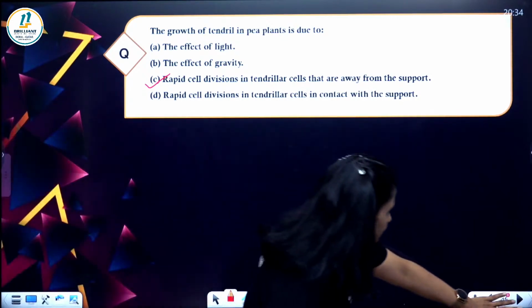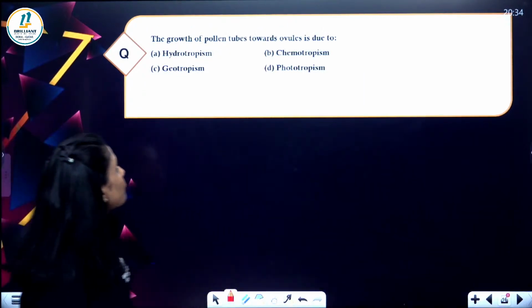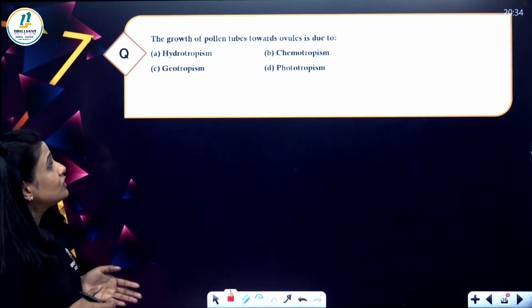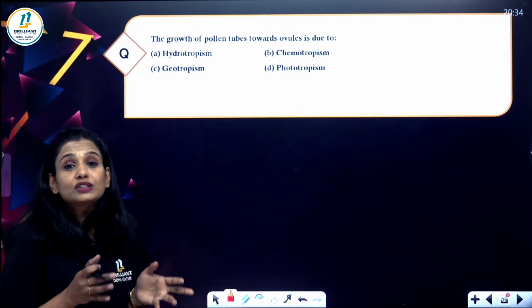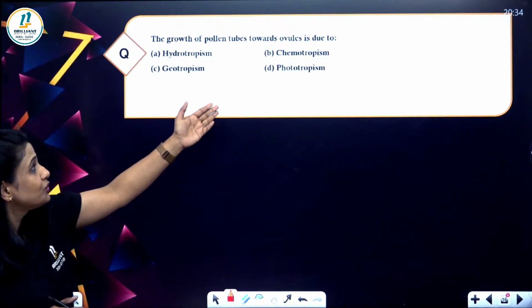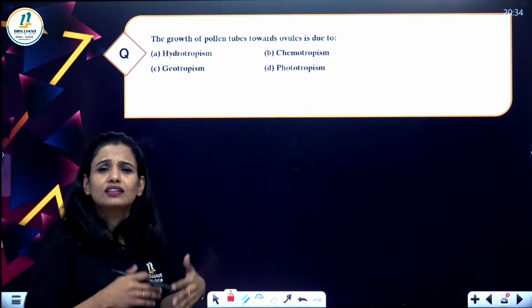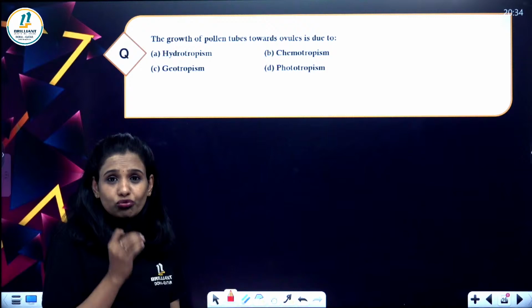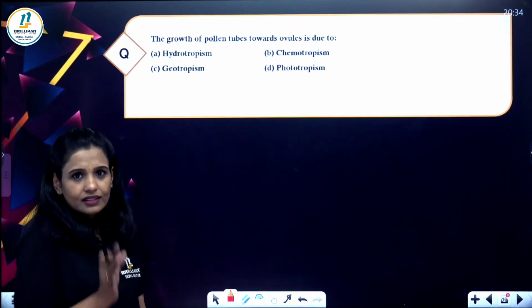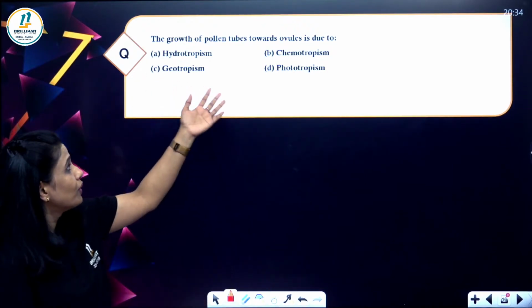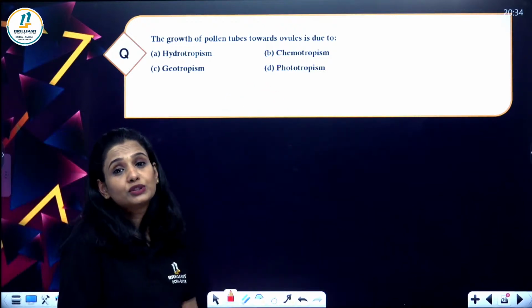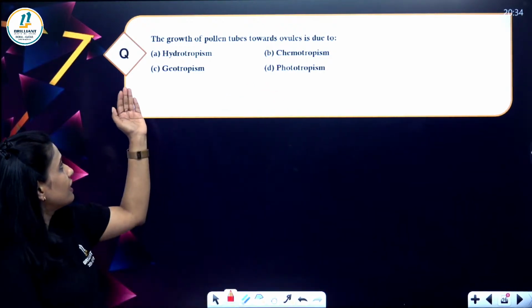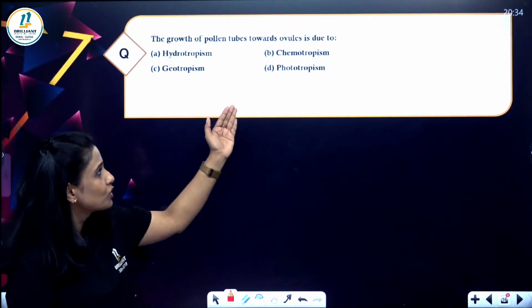Now, let's do the next one. The growth of pollen tube towards ovule is due to. That is also a very easy, direct question. Here it is given: hydrotropism, geotropism, chemotropism, phototropism.